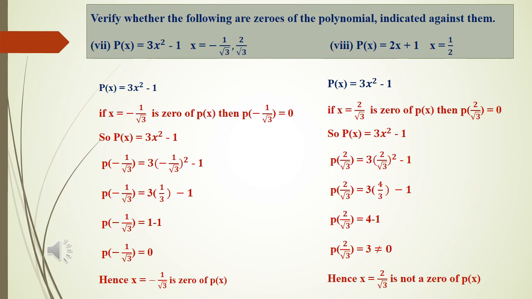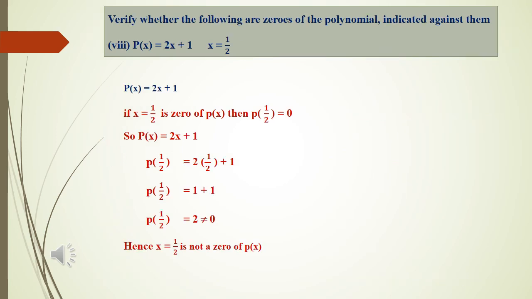Square of 2 upon under root 3 becomes 4 upon 3 and then it multiplies with 3. Finally we get 4. That is subtracted by 1. So finally we get answer 3, which is not equal to 0. So we can say that 2 upon under root 3 is not a zero of the given polynomial.